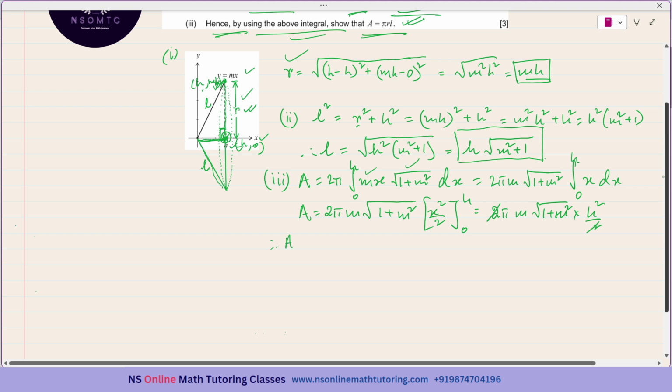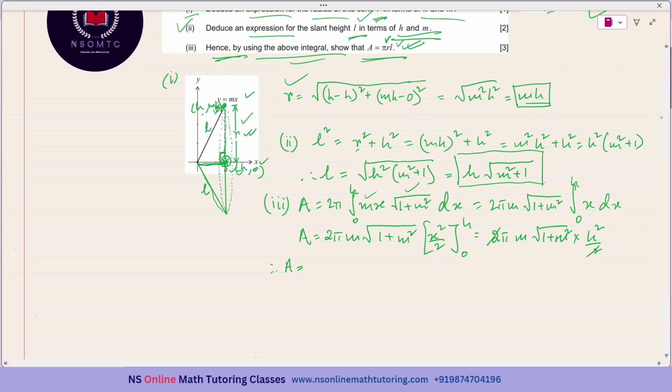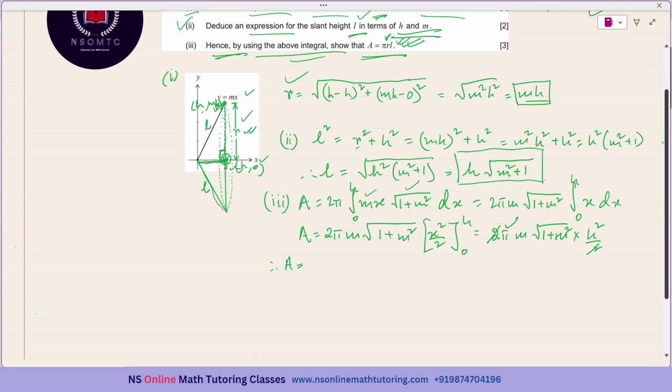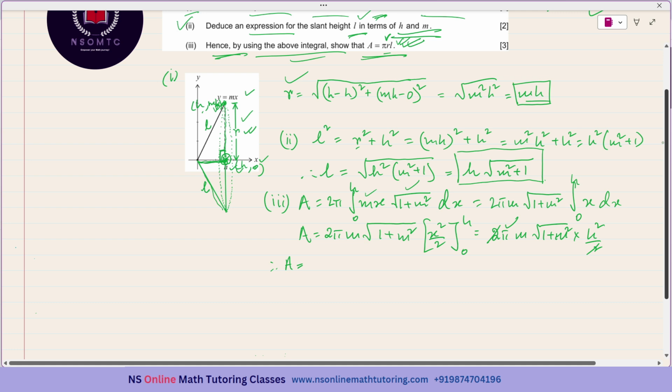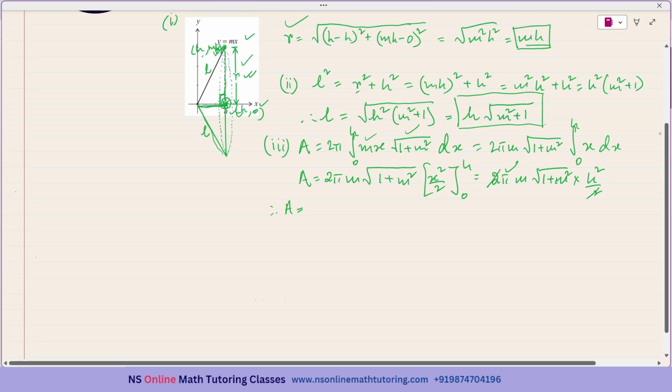Therefore, E is equal to, and because we need this pi RL, we have to write the R and the L. We have already seen the pi in the expressions, but we have to get the R and L as well. So it is pi times what was R? R was equal to mh. So I can take m and h.